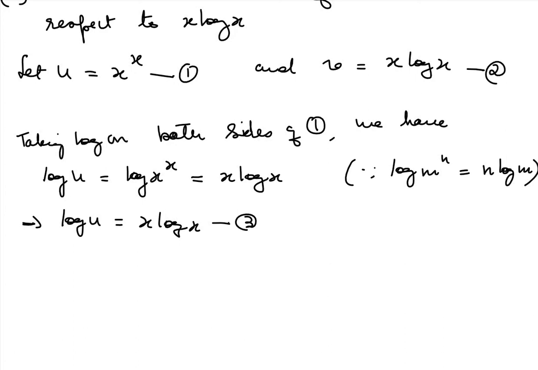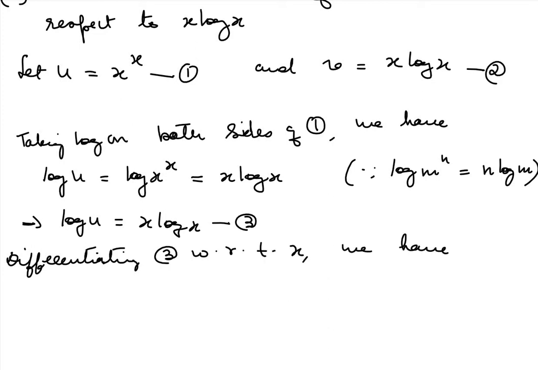So now after getting log u as x log x in equation 3, and from 2 we have v is equal to x log x, let us differentiate 3 with respect to x. What is differentiation of log u?